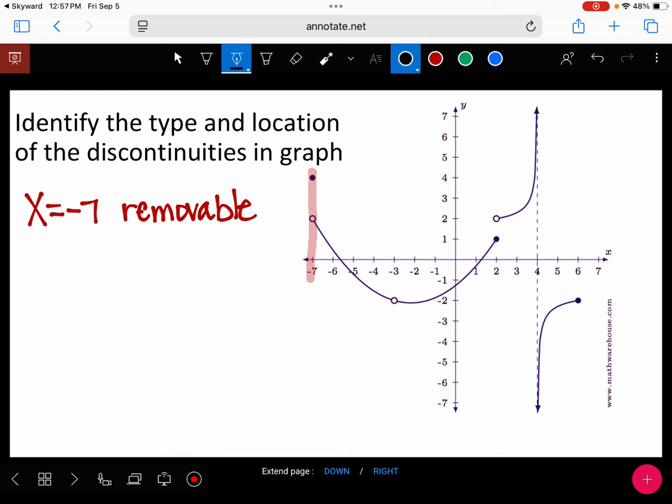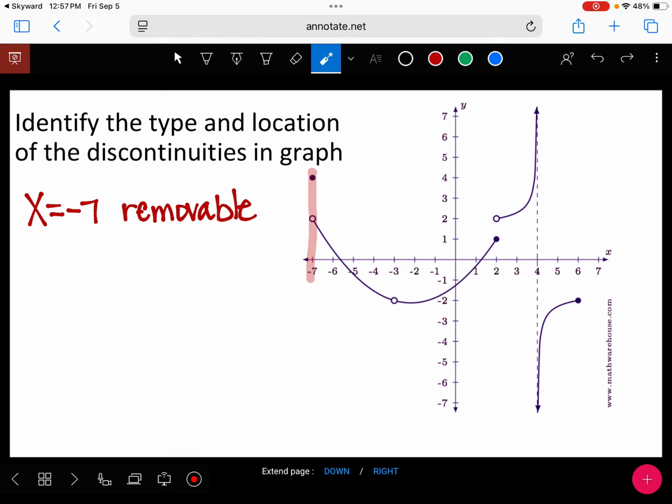Now, if this point was like a line, then what do you think that would change this to? Instead of a removable, what do you think we would call that? A jump. But we don't have that. All we have is a point. So at x equals -7, it's removable.